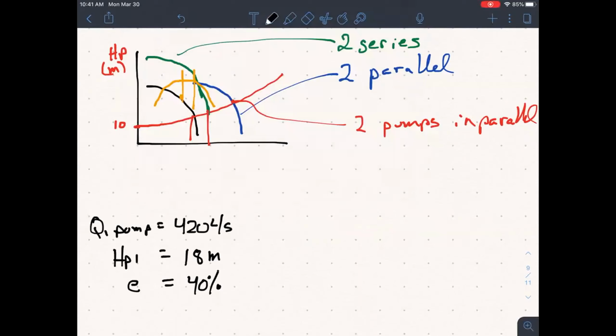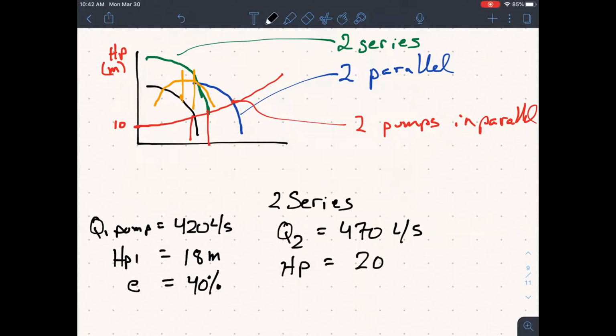So if we look at our operating conditions under series, so 2 under series, then we would have slightly bigger, so 470 liters per second. Our head ends up being 20 meters, and then our efficiency is equal to 15%.